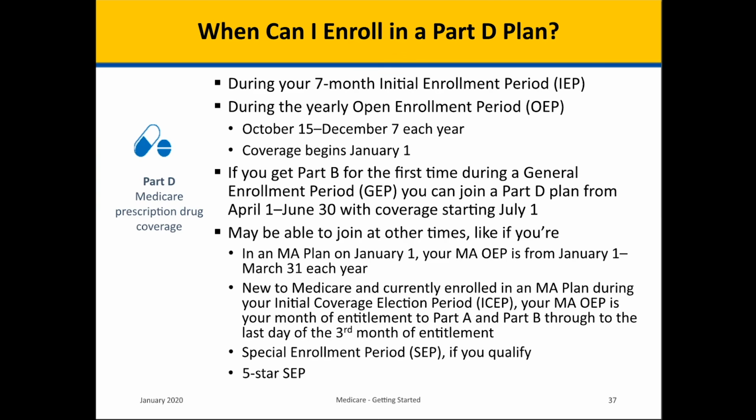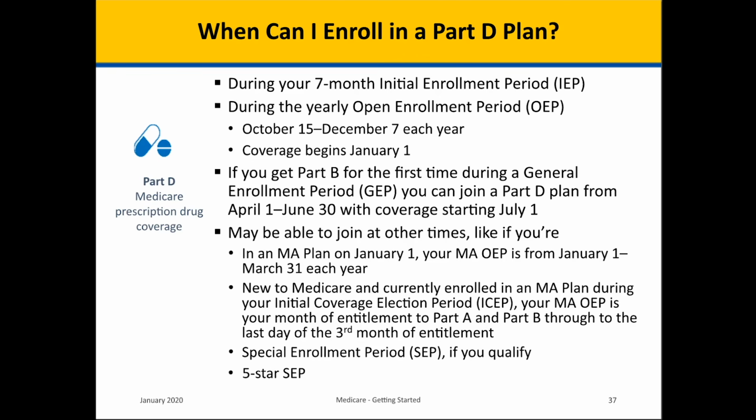You may also be eligible for an SEP, which may allow you to join, switch, or drop your Medicare plan. If you, for instance, permanently move out of your plan service area, if you lose other credible prescription drug coverage, also if you weren't adequately informed that your other coverage wasn't creditable or that the coverage was reduced so that it became no longer creditable.